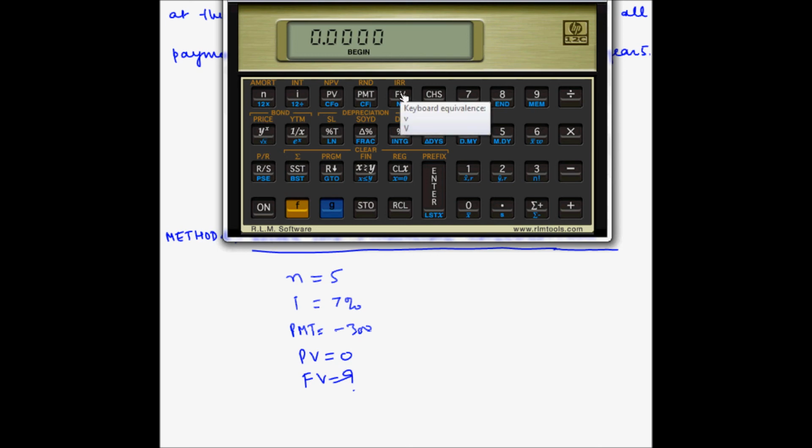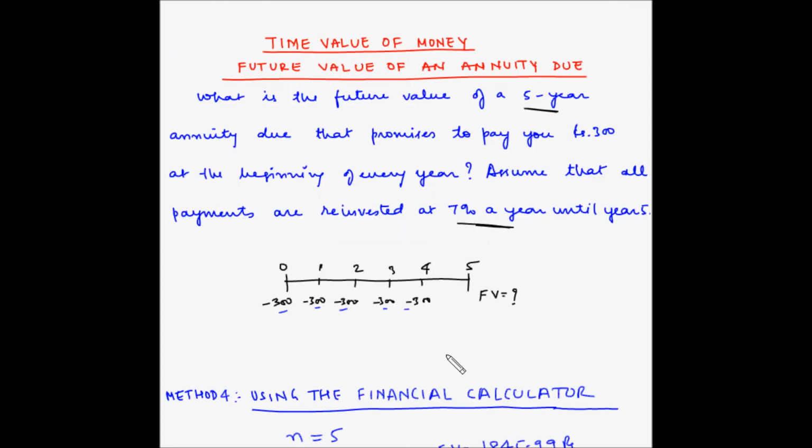So we'll simply click FV. So the future value is equal to 1845.99 rupees, and this is positive because this is the amount that we'll get at the end of the tenure. So these are the 4 methods that can be used to find out the future value of an annuity due.